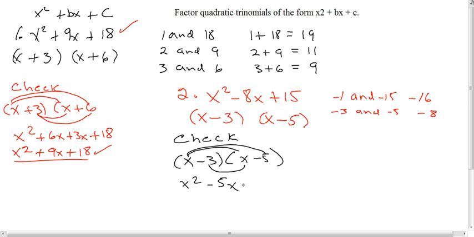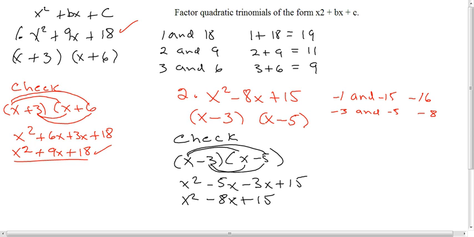Negative 3 times x will give us a negative 3x, and a negative 3 times a negative 5 will give us a positive 15. We go in and combine our like terms, and we will have x squared minus 8x plus 15. Okay, so far nothing at all that's painful when it comes to what we're actually doing.